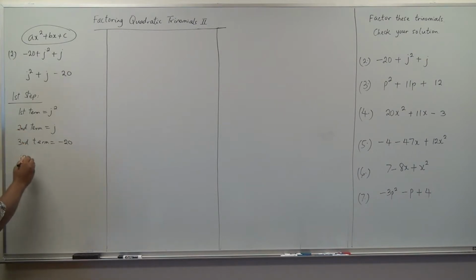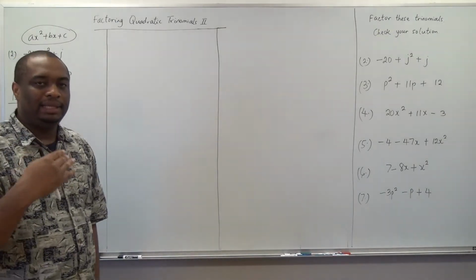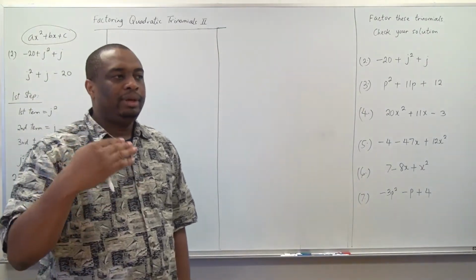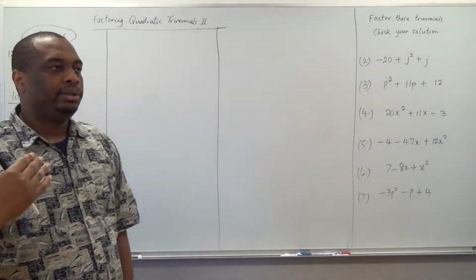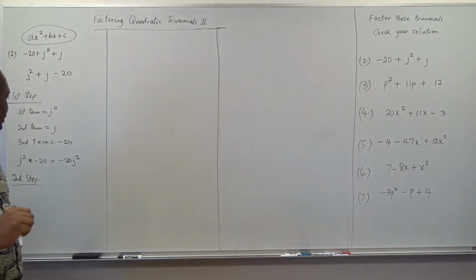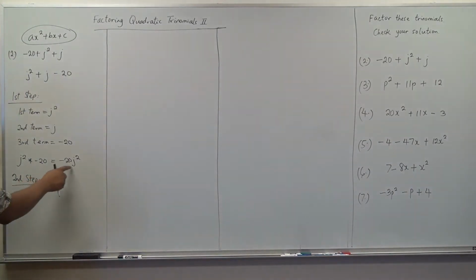So j squared times negative 20, and that gives you negative 20 j squared. Second step, now you must not write all these steps. This is the way I listed it so that you can understand it, so that it will be easy to comprehend.